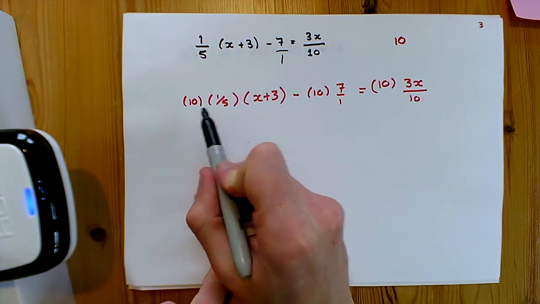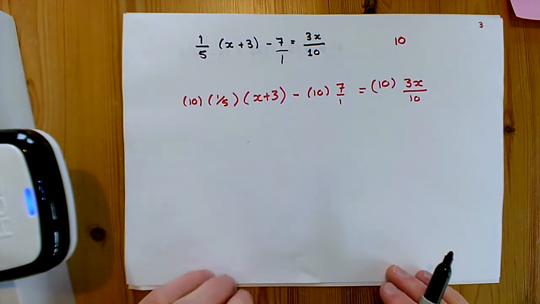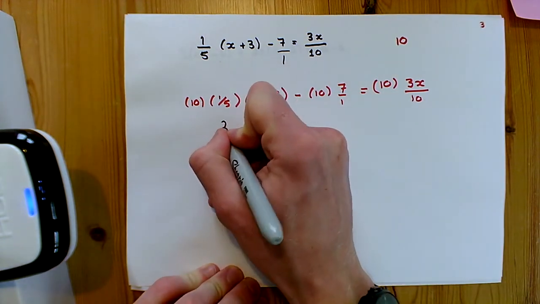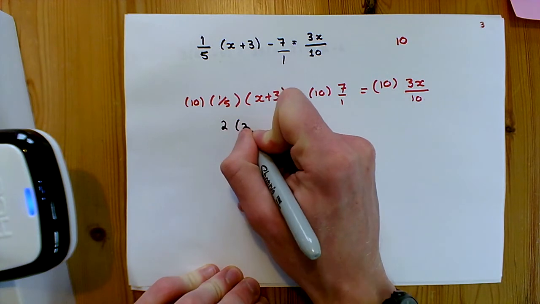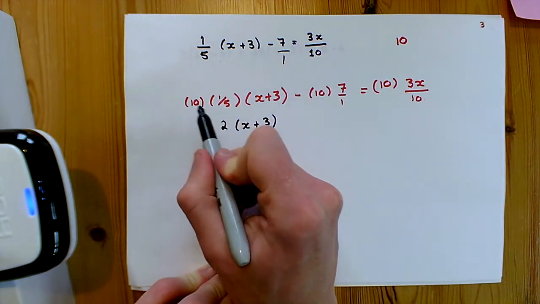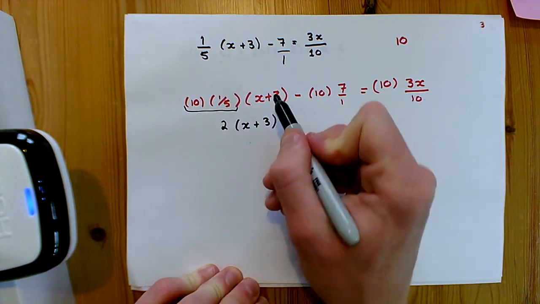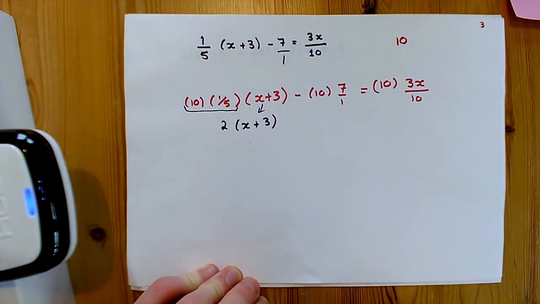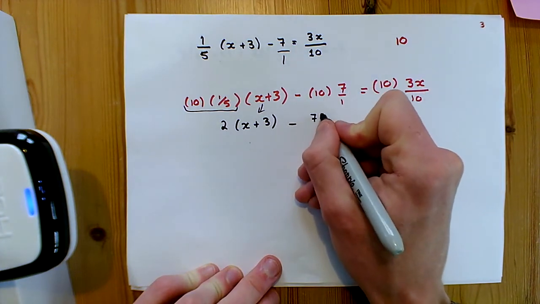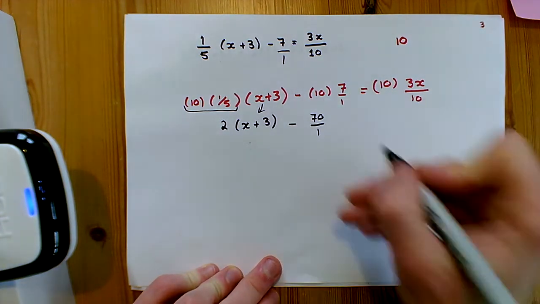So 10 times 1/5, well, that would give me 10 over 5, and 10 over 5 is 2. So that would essentially be 2 times x plus 3. All I did was multiply these two out, and my x plus 3 came down. Minus 10 times 7, well, that would be 70 over 1, which is fine.